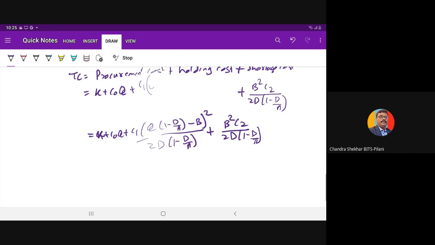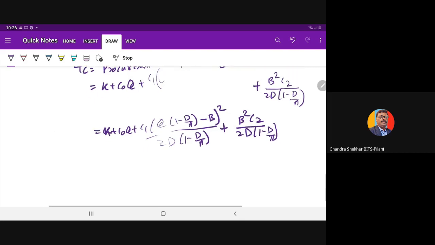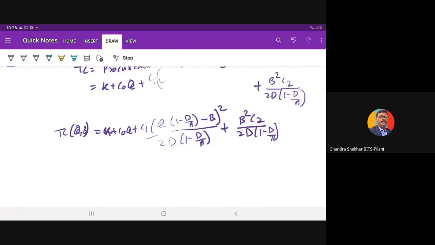So it is the procurement cost plus holding cost plus shortage cost. That is our total cost. So now this total cost is the function of Q and B, where Q is the quantity, how much we should order, and B is the back order, when we should order.